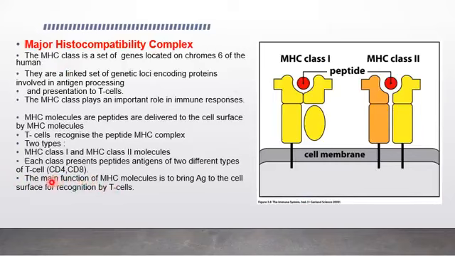Okay, so the main function of the MHC molecule is to bring antigen to the cell surface to be recognized by the T cells. So I will explain that. Here we've got a cell, any kind of cell. It could be our cells or any cells of the immune system. The cell expresses the MHC, which could be MHC class 1 or MHC class 2.